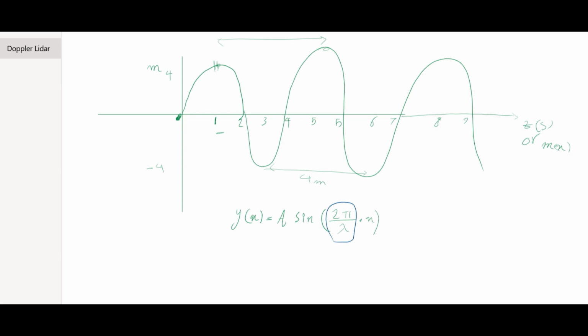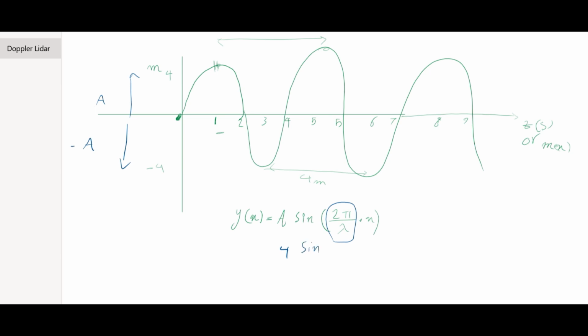And how long am I going for one cycle? So 4 meters for one full cycle, or 2 pi, that should be actually 1. Amplitude here is 4 meters. As you can see, I go 4 meters up or 4 meters down. That's my amplitude.